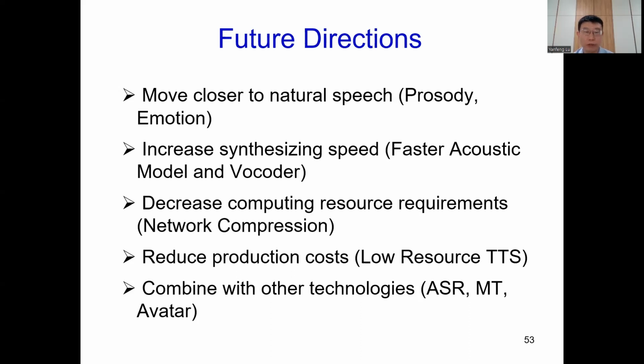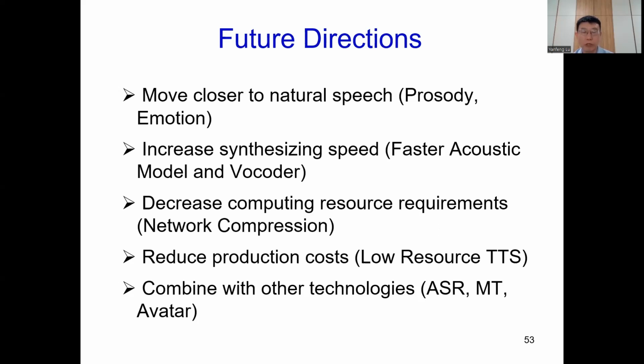Another development is to decrease computing resource requirements. That's also another shortcoming of the neural TTS approach, because neural TTS requires a large amount of computing resource. A specific way of achieving this is to do network compression.